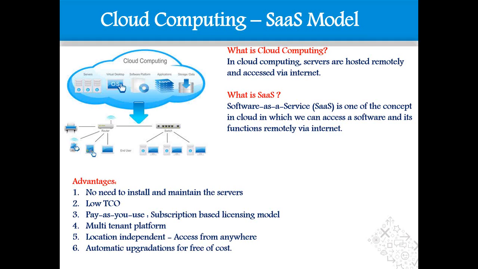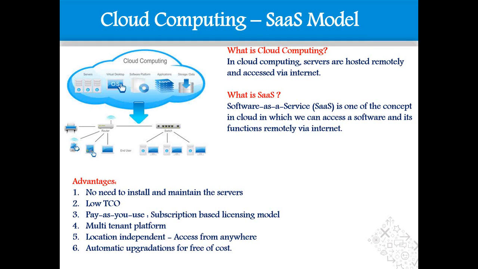Like the first and foremost would be we need not install or maintain any of the servers. This way, the total cost of ownership would be very low. And this is purely a pay as you use subscription based licensing model. This supports multi tenancy, which is a single application server will be used by multiple customers, and each customer would be called as a tenant.